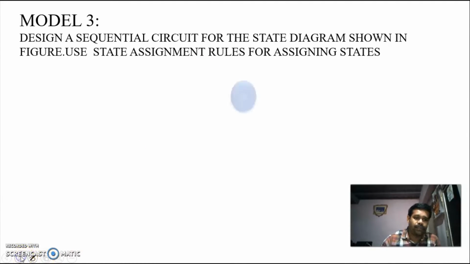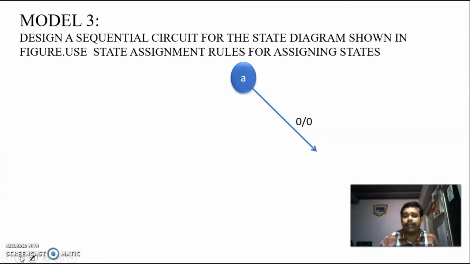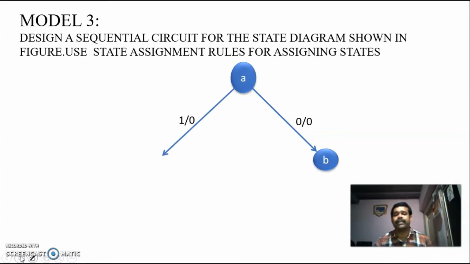So this is the given state diagram. When you are in state A and you provide the input 0, it goes to state B, and the output is 0. Similarly, in state A, when you provide the input 1, it goes to state C and the output is 0.